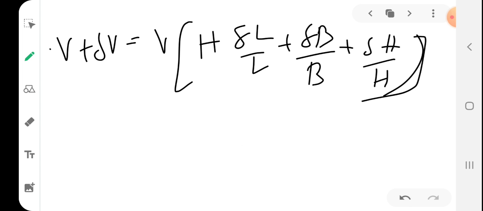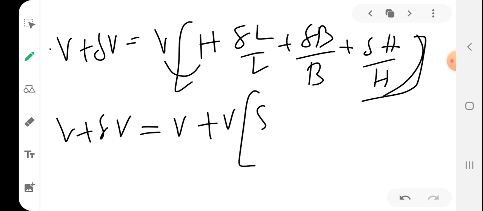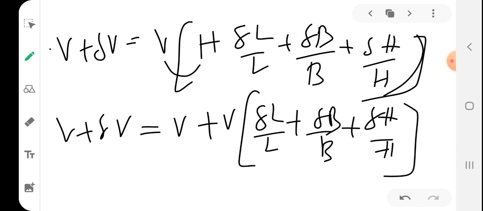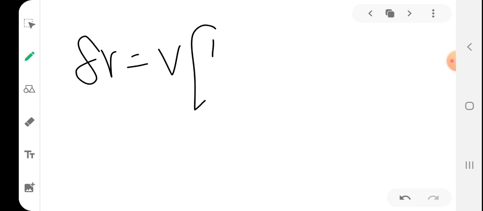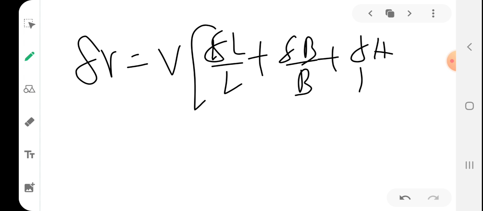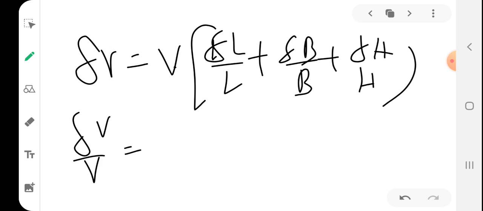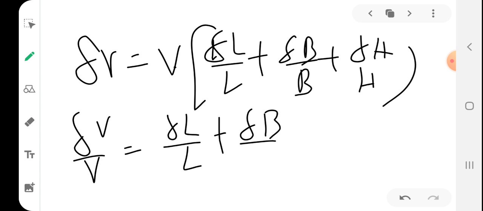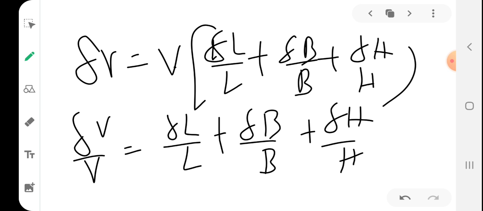Then V plus delta V equals V plus V times delta L by L plus delta B by B plus delta H by H. This V and this V cancel, so delta V by V is nothing but delta L by L plus delta B by B plus delta H by H.